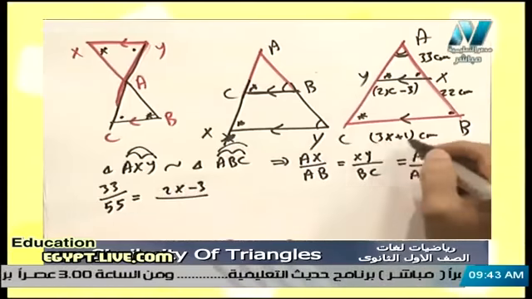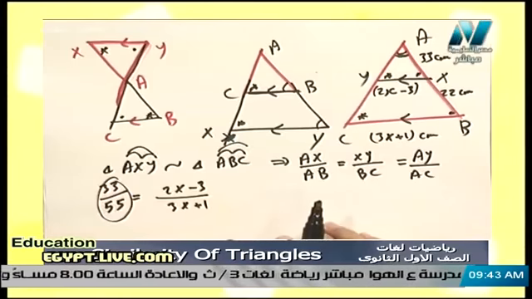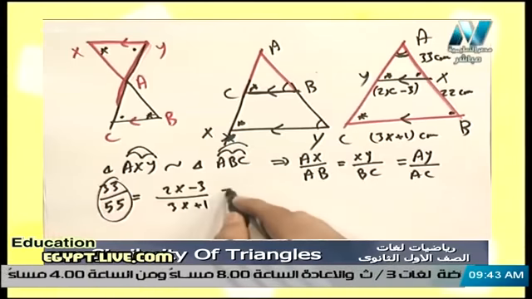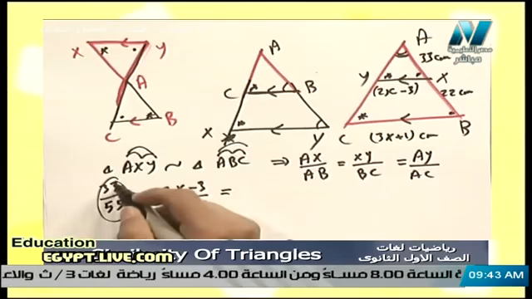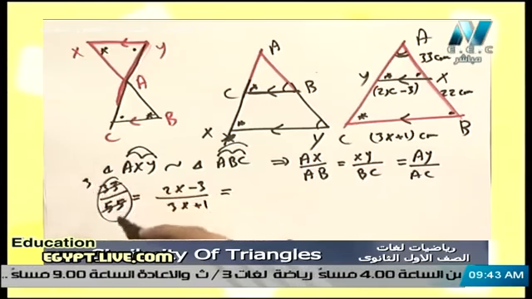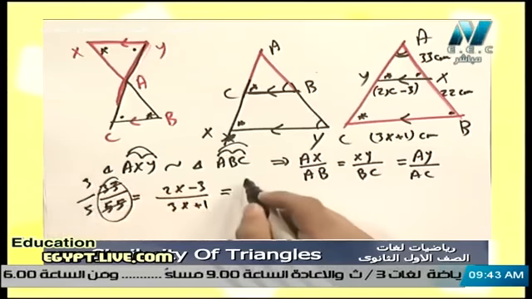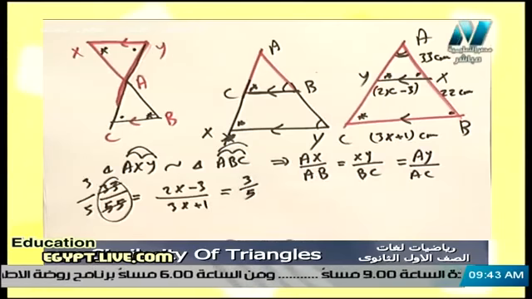We know this number, we can simplify it. Divide 11 here will be 3, divide 11 will be 5, so it's 3 over 5 in simplest form.